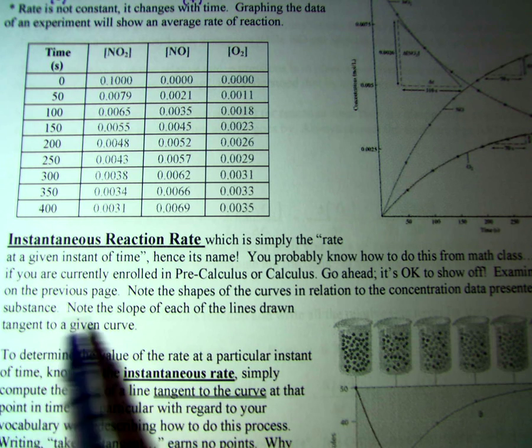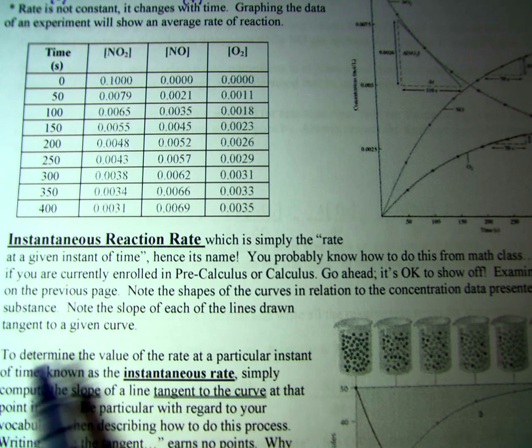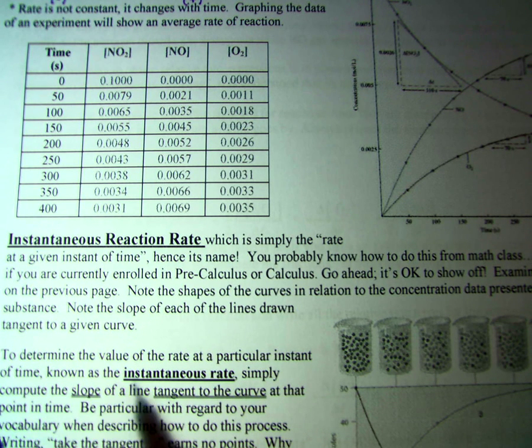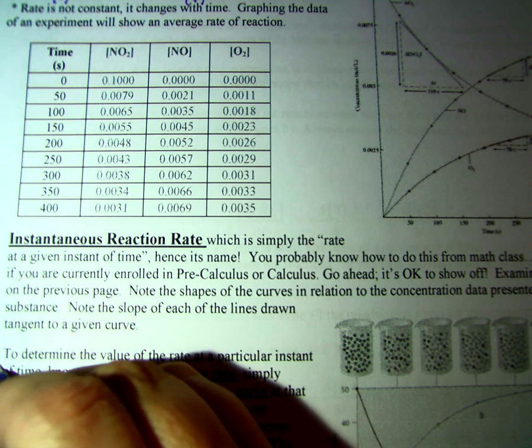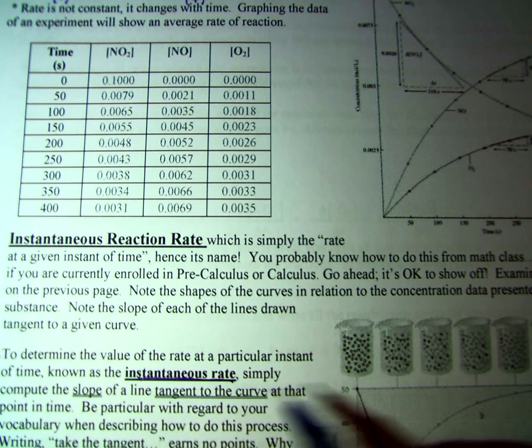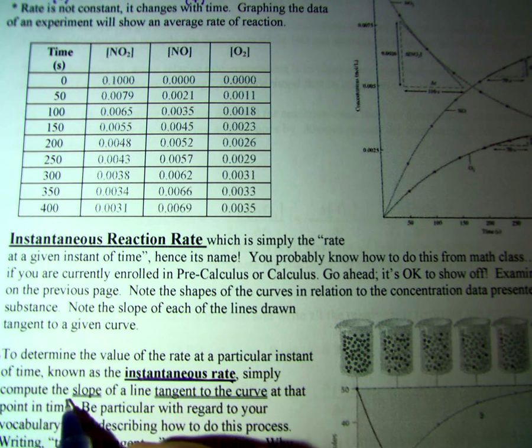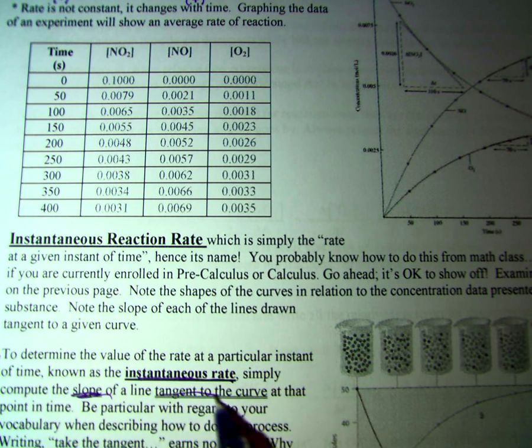The slope of each line is drawn tangent to a given curve. So to determine the value of the rate at a particular instant of time, that is known as instantaneous rate, you simply compute the slope of the line tangent to the curve.